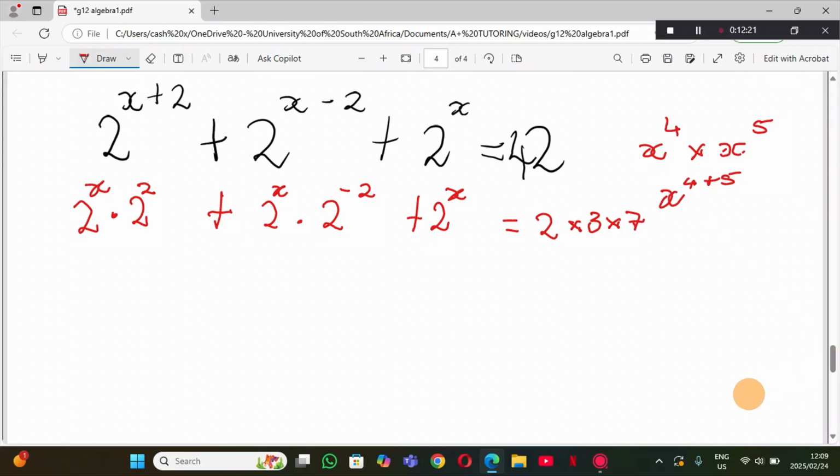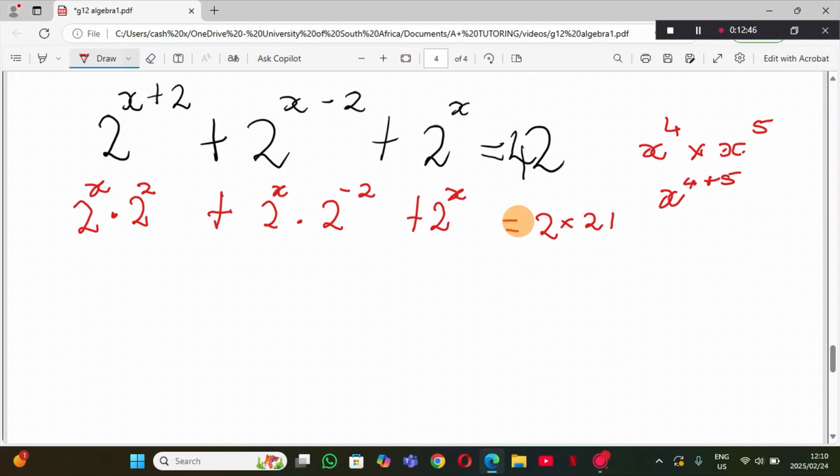But in this case, since we're only working with 2, let's just have 2 times 21, right? Okay, so we'll just leave it as 2 times 21.